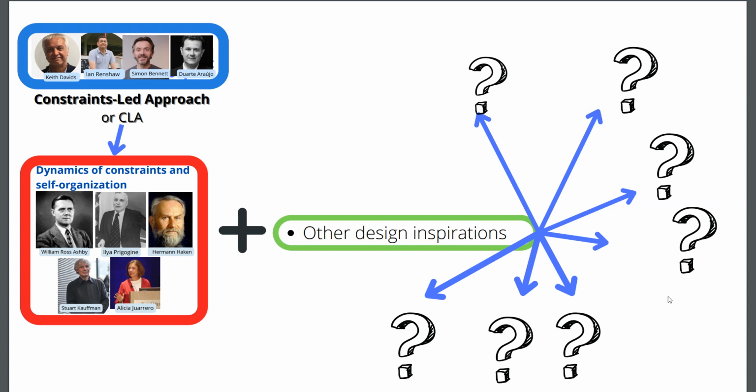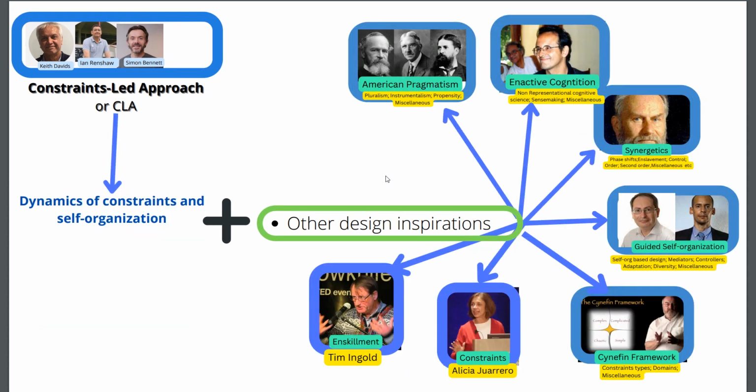You can get a comprehensive understanding of this in the paper, but some of the examples are American pragmatism, enactive cognition, synergetics approach, guided self-organization approach, which is a fairly new approach developed by scholars from the computational and cybernetic tradition. The Cynefin framework, which is an applied complexity model developed by Dave Snowden, Alicia Juarrero's conception of context-sensitive and context-free constraints, anthropological enskillment developed by Tim Ingold.